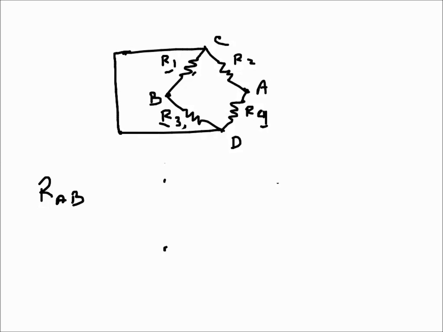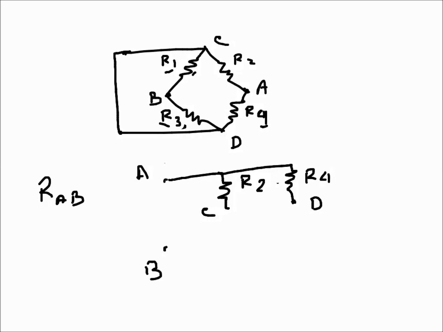A and B are here, and from A we have R2 going to C, and from A again we have R4 going to D. This is D, this is A, this is B.